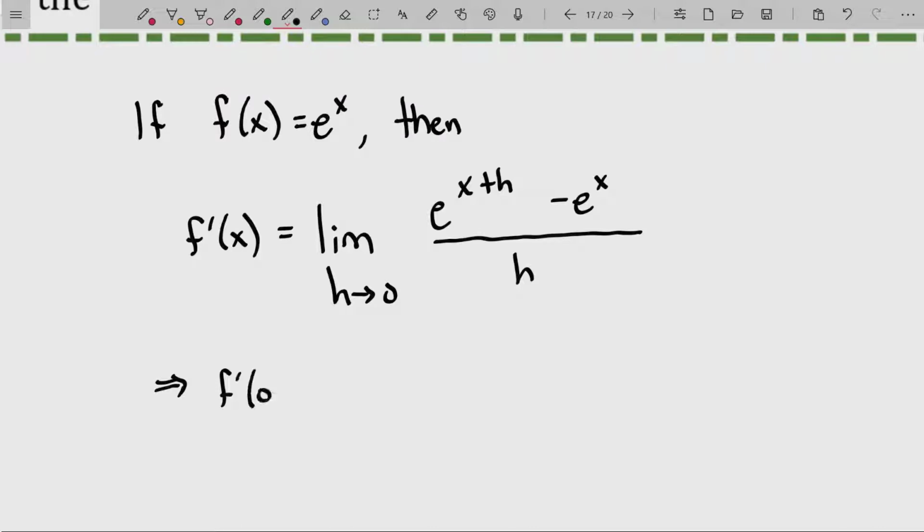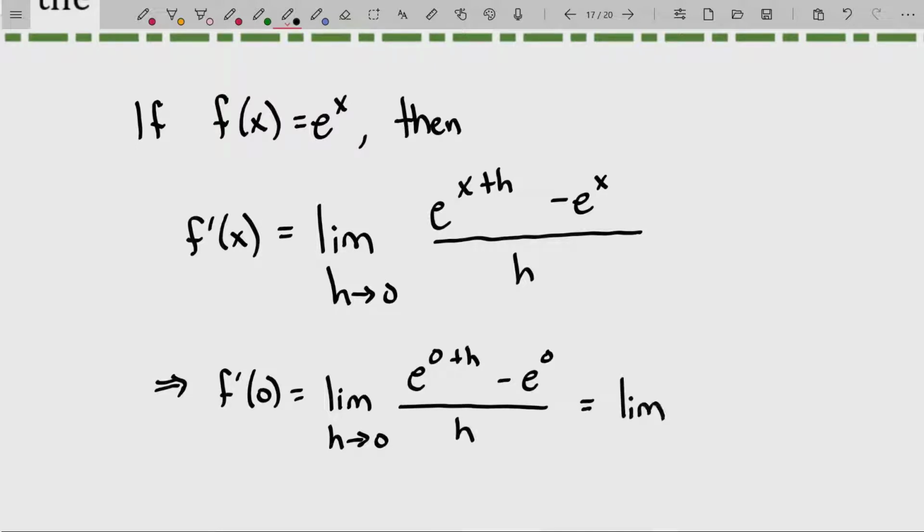But if instead of looking at f prime of x, we want to look at f prime at 0, we would be looking at the limit as h approaches 0 of (e to the 0 plus h minus e to the 0) all over h. And this can be easily rewritten, whoops, it's not infinity, that's 0, as (e to the h minus 1) over h, because e to the 0 is 1.